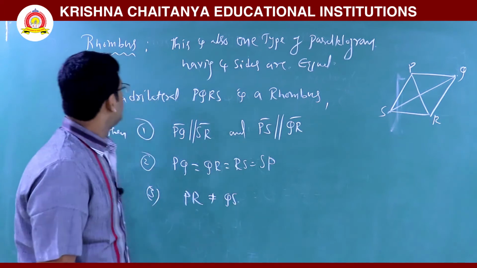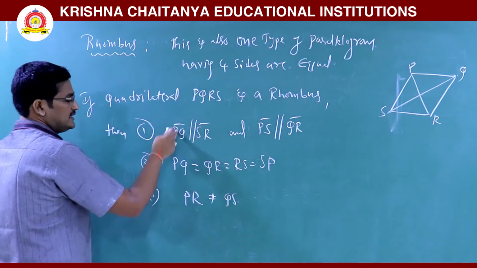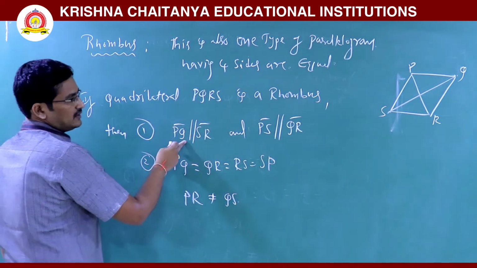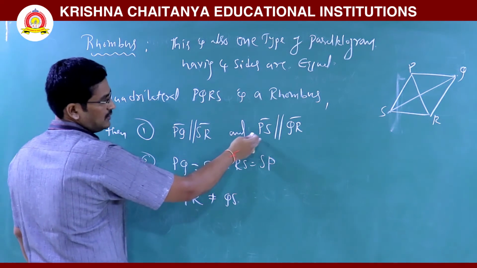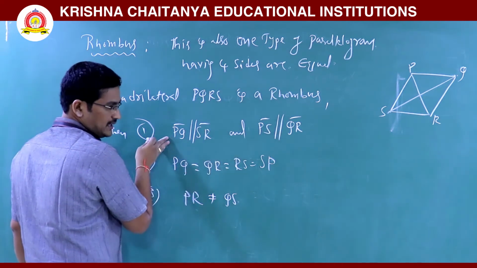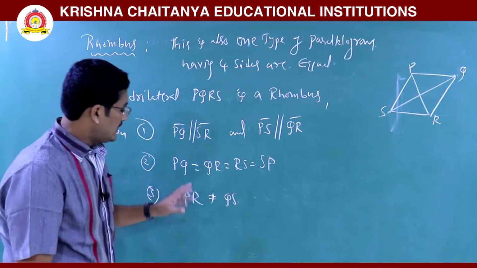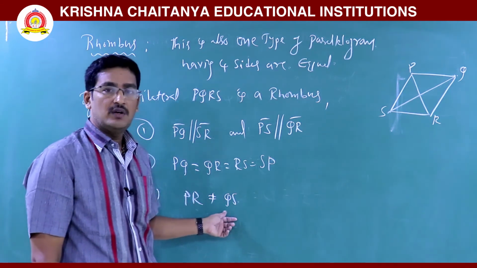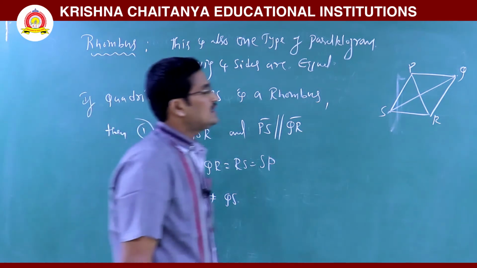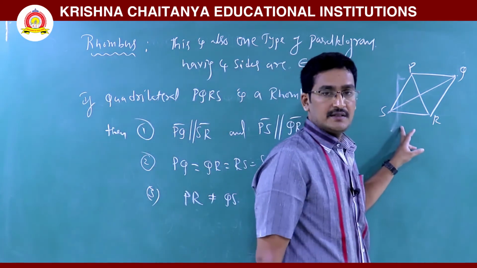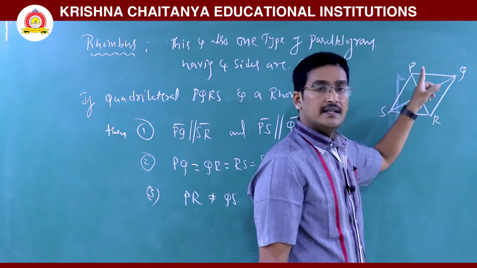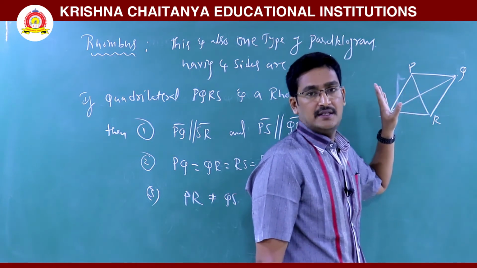So if the quadrilateral PQRS follows these three conditions, PQ bar is parallel to SR bar, PS bar is parallel to QR bar, that means opposite sides are parallel, and all four sides are equal, and the lengths of the diagonals are not equal, then you have to say that quadrilateral PQRS is a rhombus. Here the adjacent sides need not be perpendicular to each other.